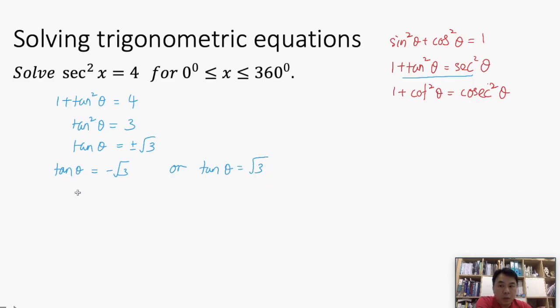Right? Now, as usual, we have to work out the reference angle. Both reference angles are the same by taking the arctangent in this case. Don't forget, don't put a negative there. If you key it into a calculator, this would end up with 60 degrees. Yeah, this is actually 60 degrees. Now from here, we can look at case number 1 here.